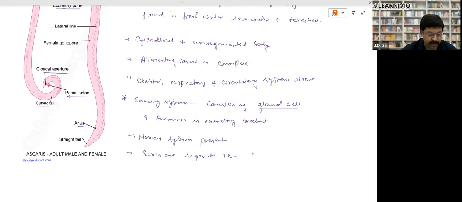That is dioecious. Male and female are different, right? And they have sexual dimorphism, means male and female look different.